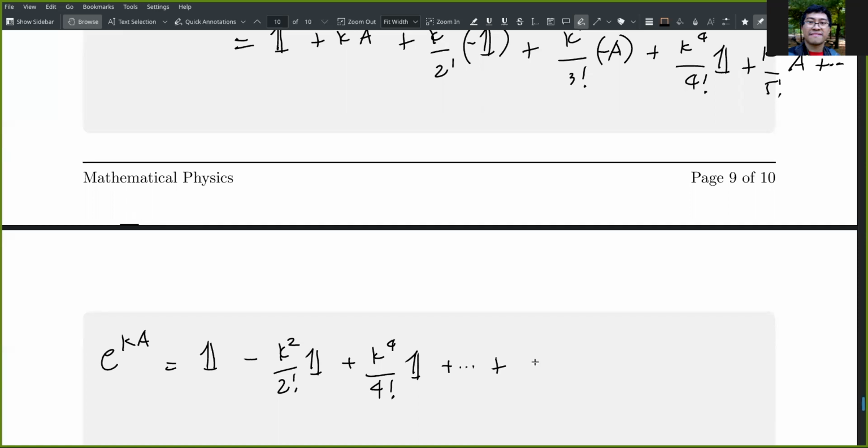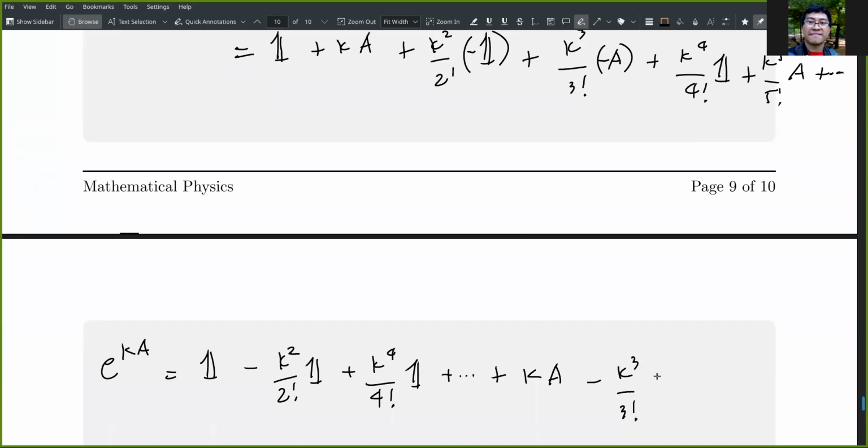Also, terms that contain A: you have kA minus k cubed over 3 factorial A plus k5 over 5 factorial A, and so on.